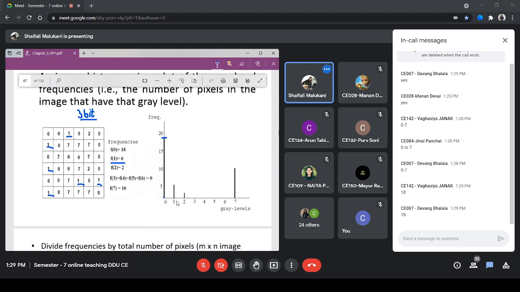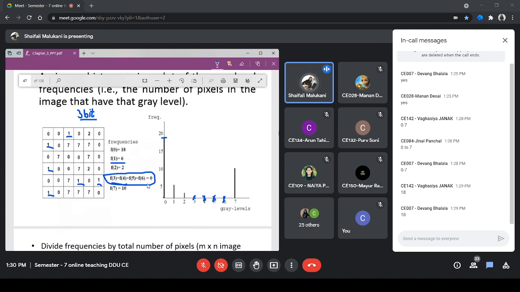Same way you can count for 2 and for 7, and you will observe there is no occurrence of 3 to 6. Intensities are just taking 3 values, 0, 1, 2, and 7. Values 3 to 6 are not taking place at all, so their count is 0.